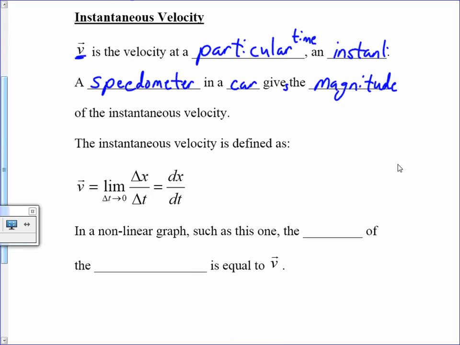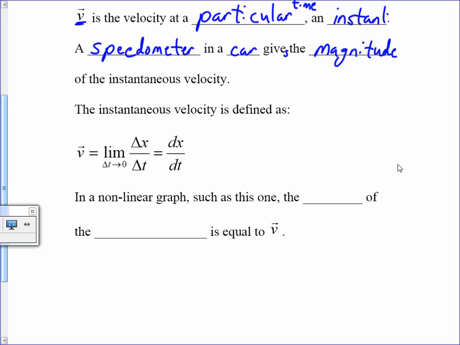Now, the instantaneous velocity is defined as this. You're not required to have had calculus, but many of you have, so I'm going to show you this. The instantaneous velocity is the limit of the average velocity as delta t goes to 0. And so you're letting the differential element of your time get very, very small.